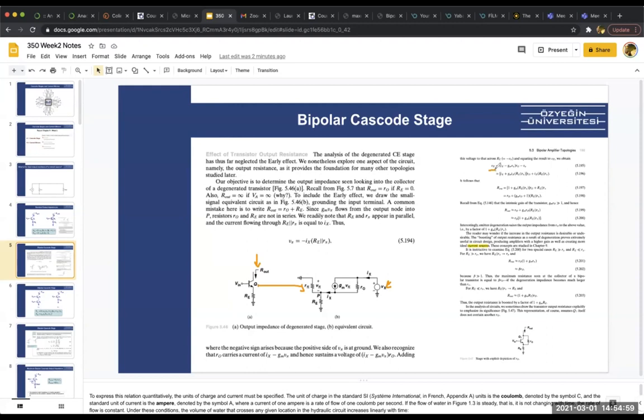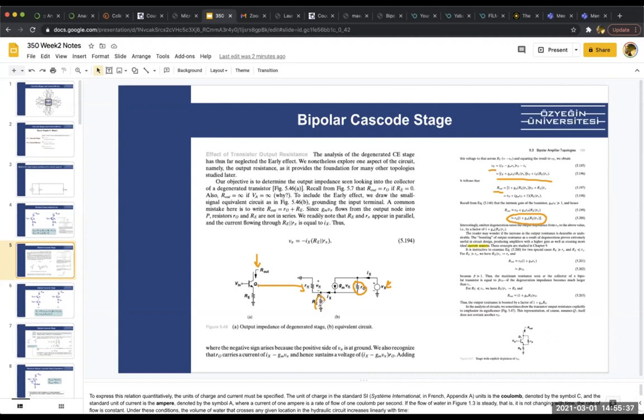So we write some nodal analysis and find Vx, then dividing Vx by Ix, we find R out, and then you get the simplification. As you can see, the R out of this BJT circuit is RO, the resistance due to the non-idealities which we call channel length modulation, times 1 plus gm times RE in parallel with R pi.